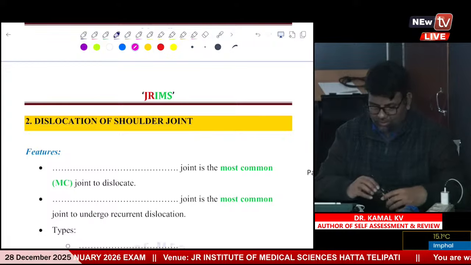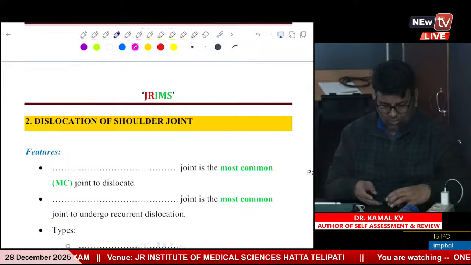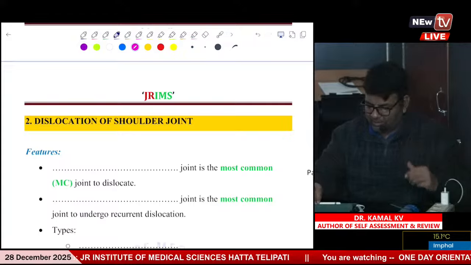Okay, so we can continue with the dislocation of shoulder joint, right?